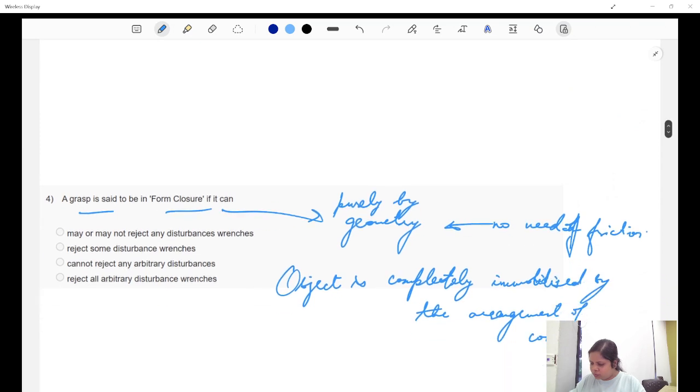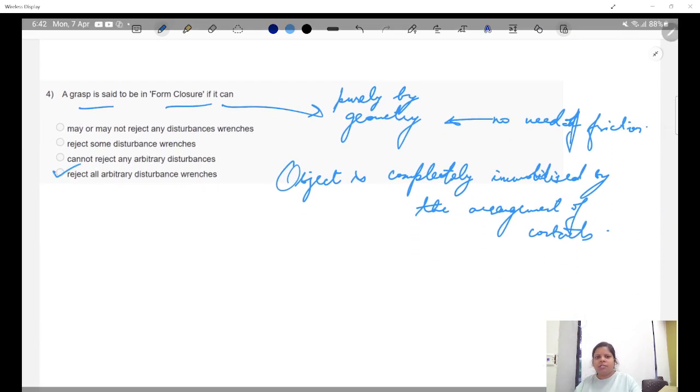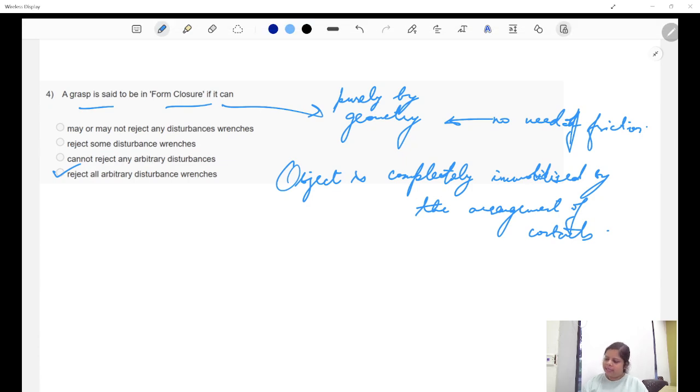So in our case the correct option is this. The first option, may or may not reject any disturbance wrenches, is too vague and incorrect for form closure, which guarantees full constraint. The second, reject some disturbance wrenches, would describe partial form closure or force closure under limited friction, but not full form closure.